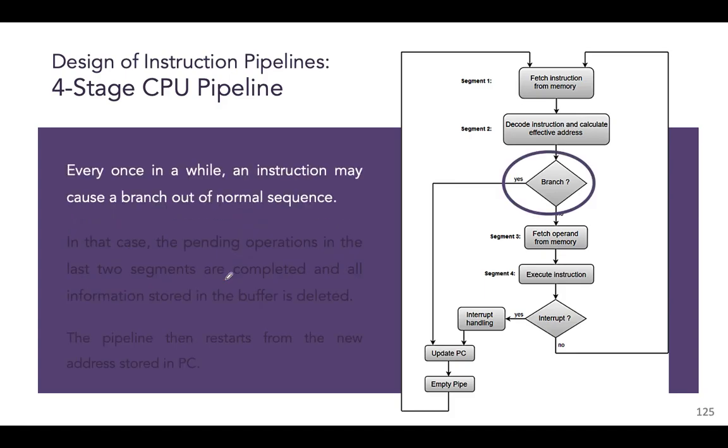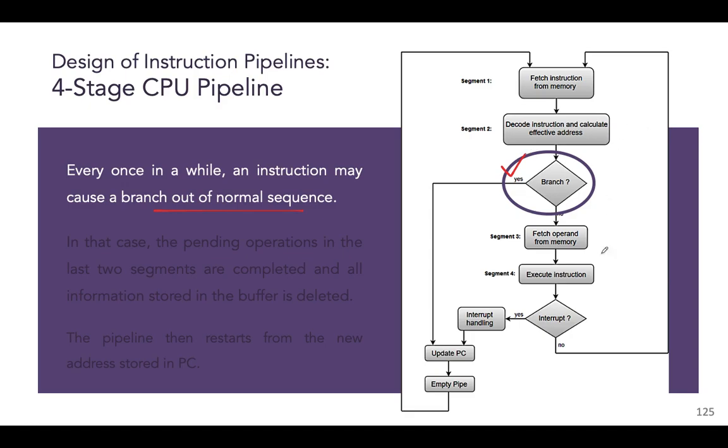Okay, now let's talk about the branch and interrupt part that we didn't consider earlier. In segment 2, we are decoding the instruction. Now after decoding the instruction, you'll find that we have a branch instruction at hand, and this branch instruction causes a break out of the normal sequence. Now if the instruction you just decoded is a branch instruction, then the pending operations in the last 2 segments need handling.